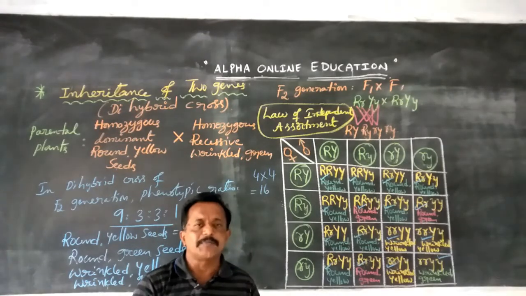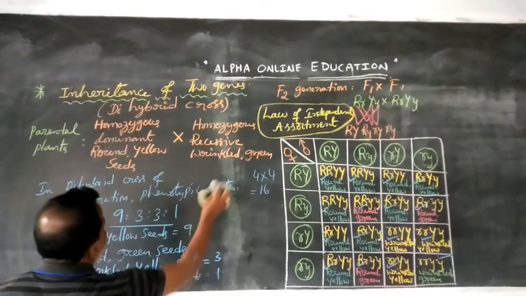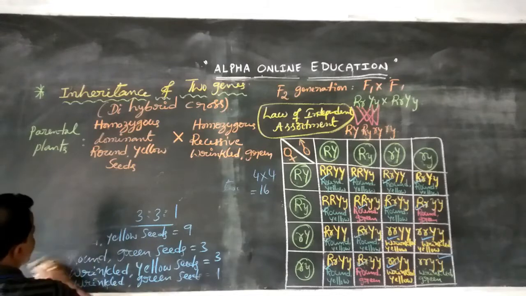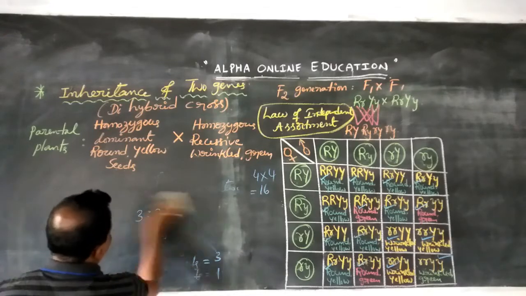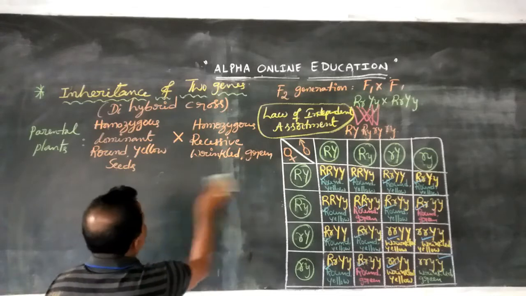Next, observe the genotypic ratio. How many genotypes appear in the dihybrid cross of the F2 generation? That is the genotypic ratio.